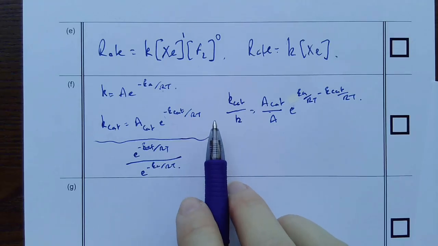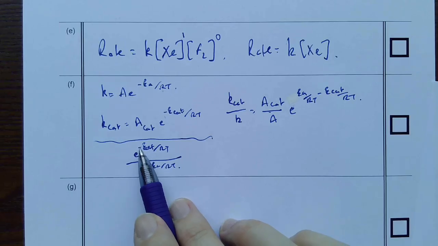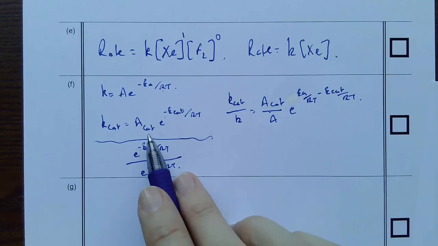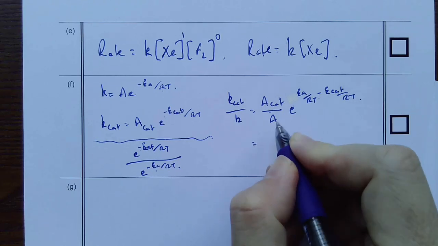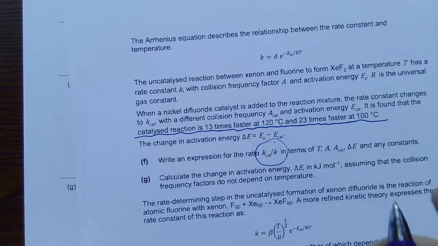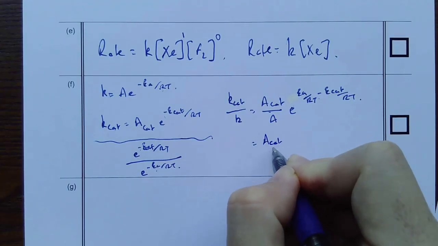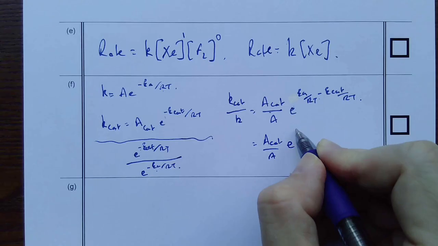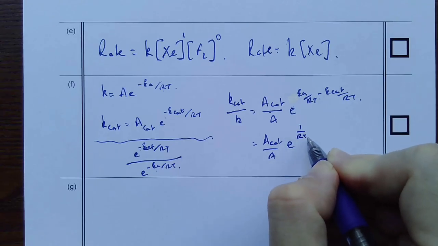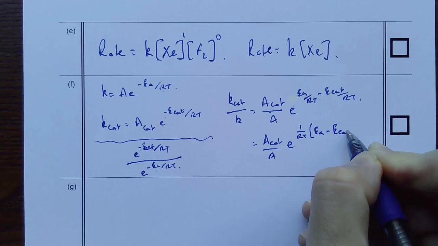So if you want, you can have this minus this, but then I've just switched it around. I'm going to factorize it because it says it wants it in terms of delta E. So I'm going to factorize it as A cat over A e to the 1 over RT times (Ea minus E cat).